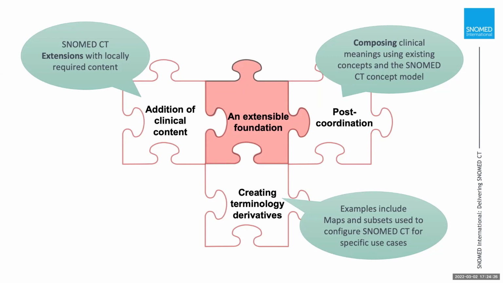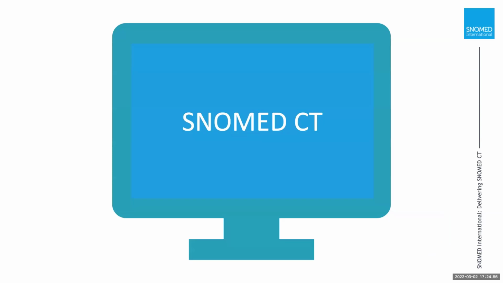It could also be that you create subsets or sets of concepts that are used to group things, if you want to do statistics or some other analytics, then you can use subsets. It may also be that as part of an implementation, you are creating value sets that you would use to bind the terminology to a user interface. So that would be a third part of using SNOMED CT as an extensible foundation.